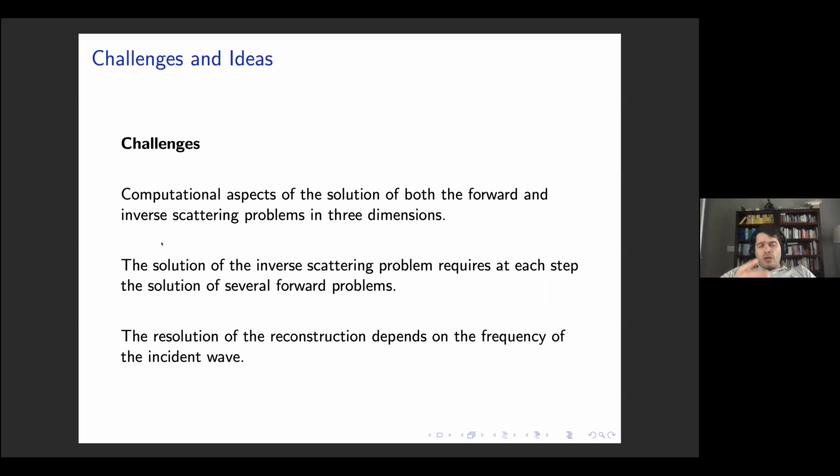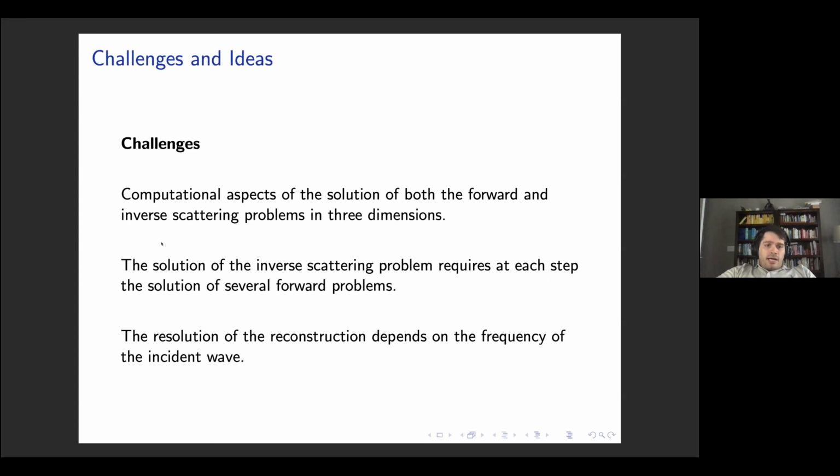There are some challenges in those problems, and one of them is the computational aspect: it is very difficult to simulate problems in 3D. They are expensive, both the forward and inverse problem.